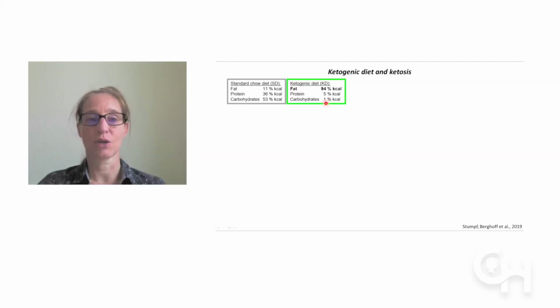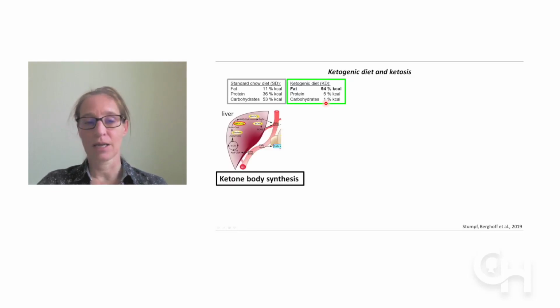What is this? A ketogenic diet is a diet which is very high in fatty acids or fats, and very low in carbohydrates. It's a high-fat, low-carb diet. This diet works such that the fatty acids, or the fat from the diet, is converted into ketone bodies within the liver.